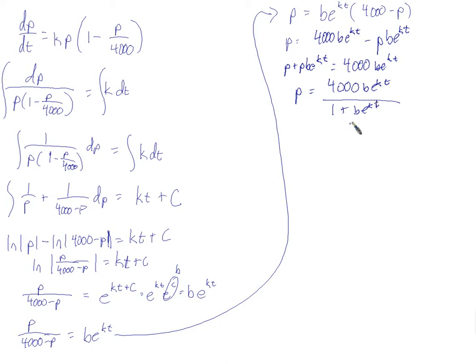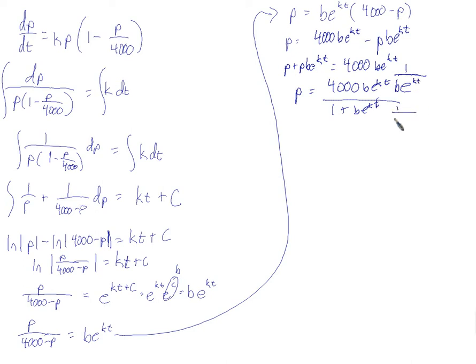And now it looks like, hey, we're kind of done. But instead of having two instances of e to some power, let's multiply both the numerator and denominator by 1 over b e to the kt.